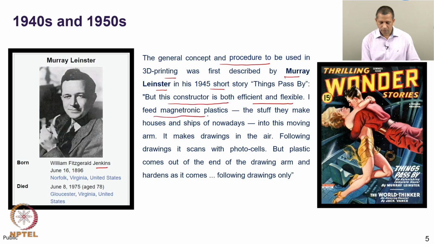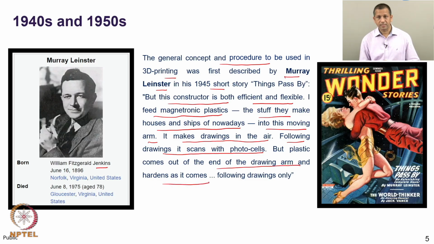I feed magnetronic plastics, the stuff they make houses and ships of nowadays, into this moving arm. It makes drawings in the air. Following drawings, it scans with photocells, but plastic comes out of the end of the drawing arm and hardens as it comes. Following drawings only."